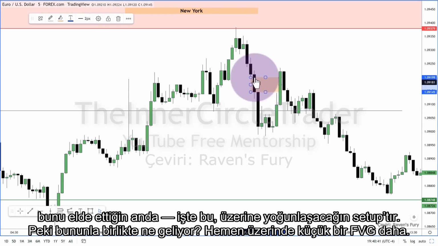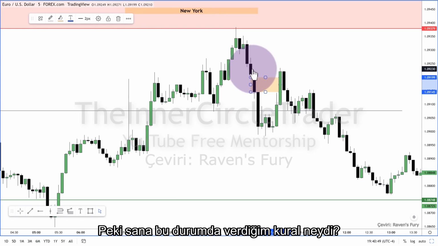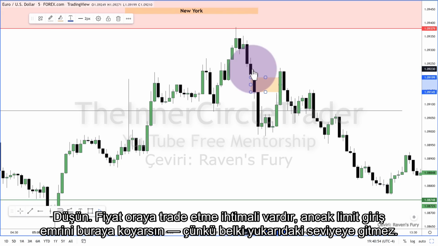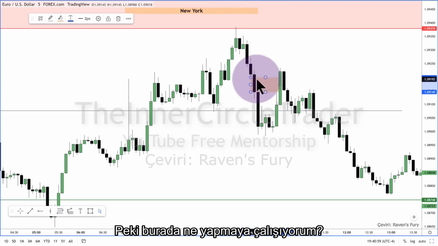Now, as soon as you have this, this is when you settle in on, what are you met with? Another little fair value gap right above it. So what were the rules that I gave you when it has that in the chart? Think. It is going to be a likelihood that it could trade up in there, but your limit order to enter is down in here, because it might not get up here. What am I trying to do?